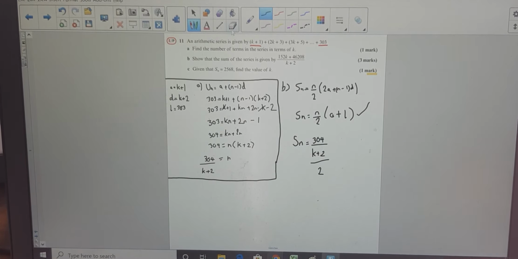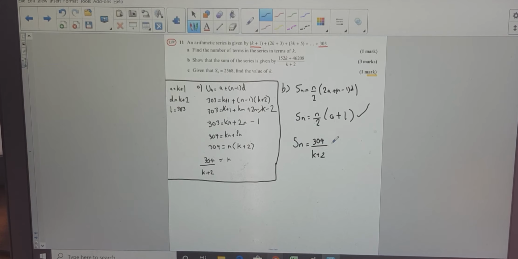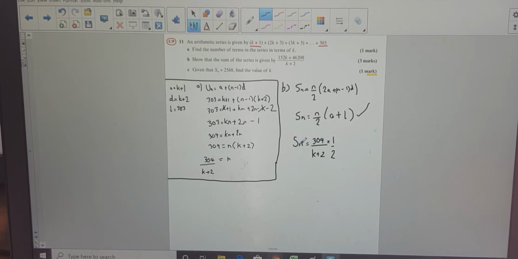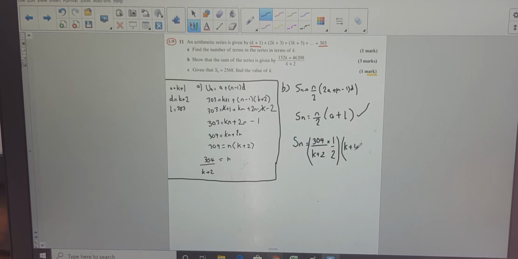This is a messy way to write it, so instead of dividing by 2, I'm going to multiply by a half. So that's my n over 2, in a bracket, multiplied by a, which is k add 1, add my last term, which is 303.